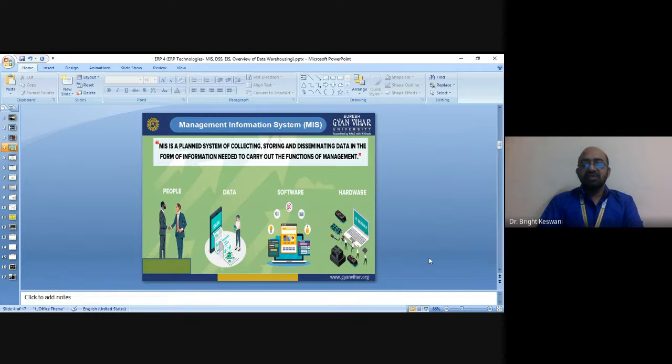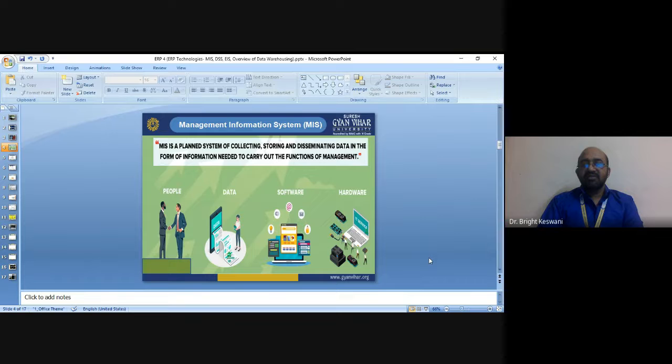MIS has more than one definition, some of which are to be discussed in this lecture. The MIS is a planned system of collecting, storing, and disseminating data in the form of information needed to carry out the functions of management. This is the first definition.